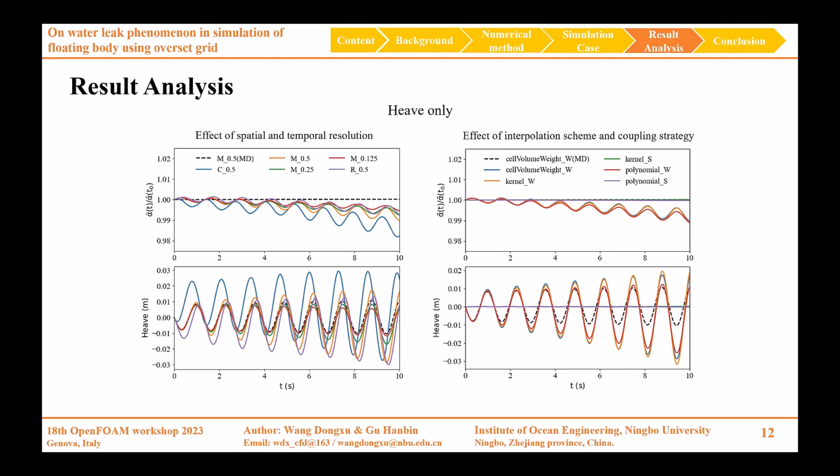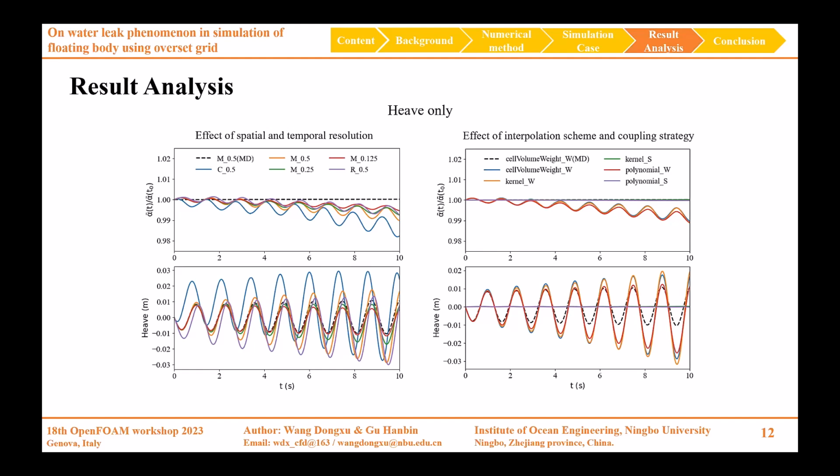And the MD is short for mesh deformation method. So, from the left figure, we may see that in all the cases here, the box cannot stay still, and the water leak phenomenon appears when the overset grid is used.